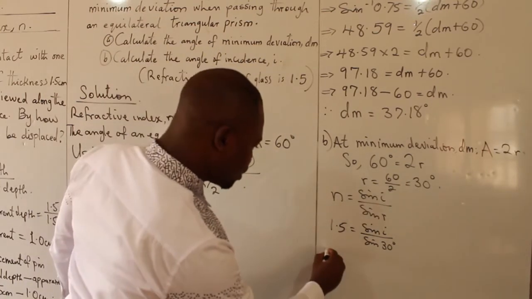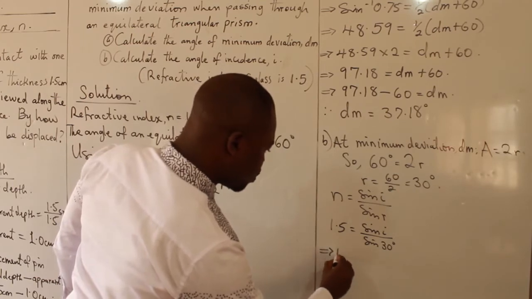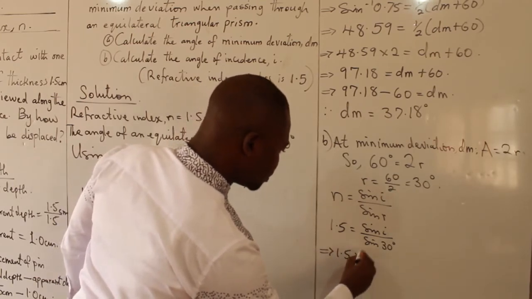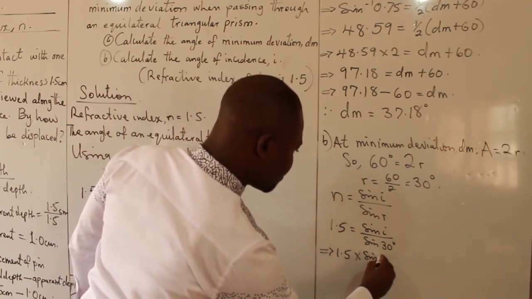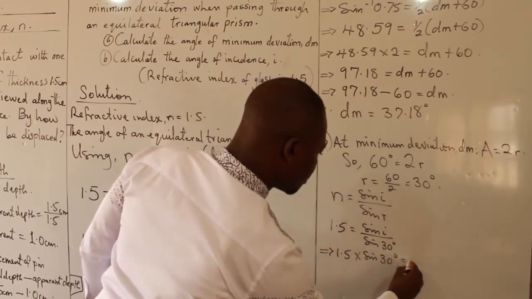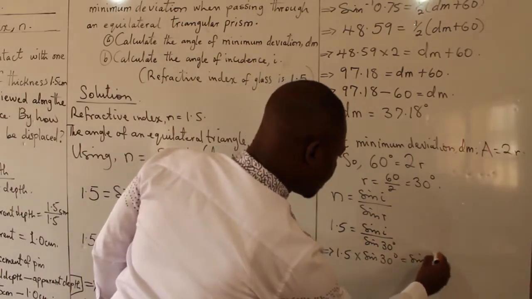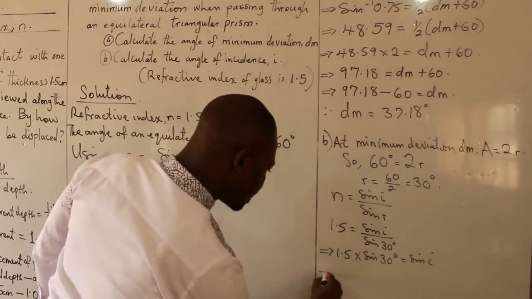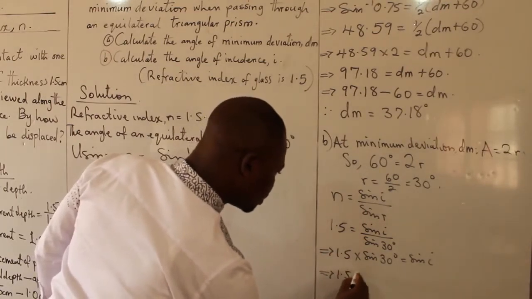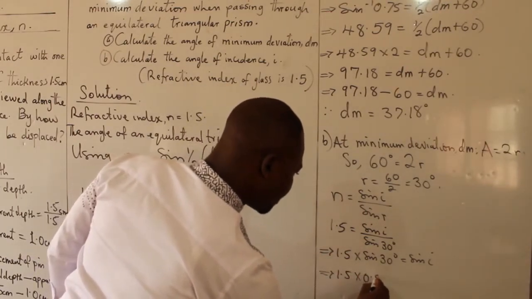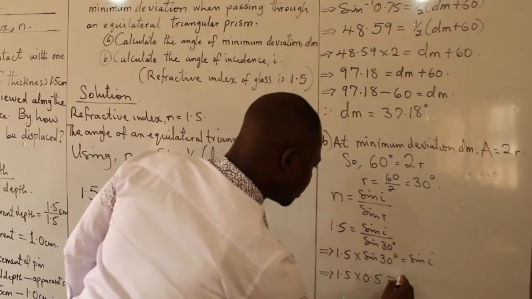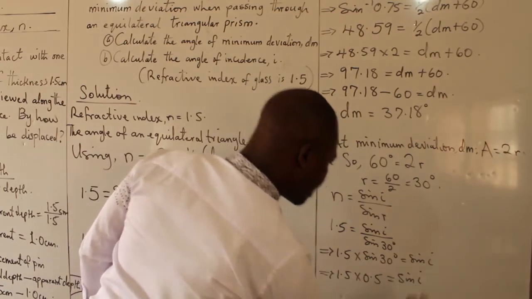If you cross multiply, you have 1.5 times sine 30 degrees equals sine i. Sine 30 degrees is 0.5.